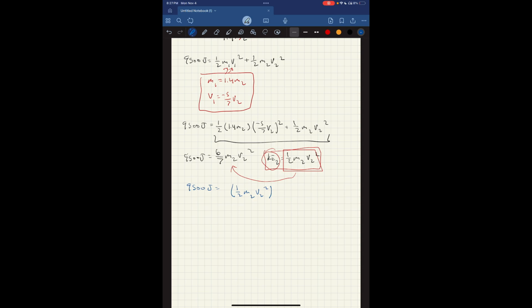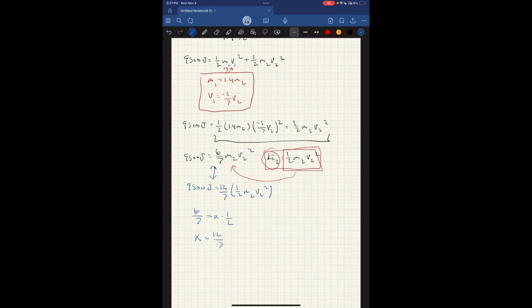We want 6 over 7 to be equal to x times 1/2. Solving for x, we get 12 over 7. So 12 over 7 and 6 over 7 are equivalent.